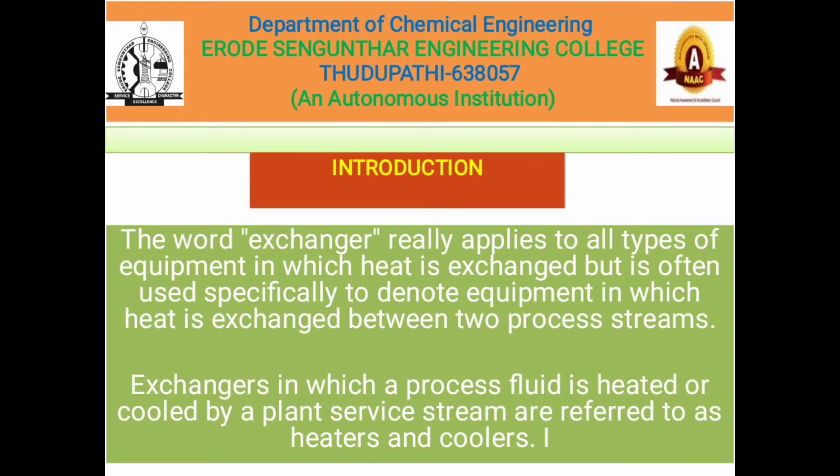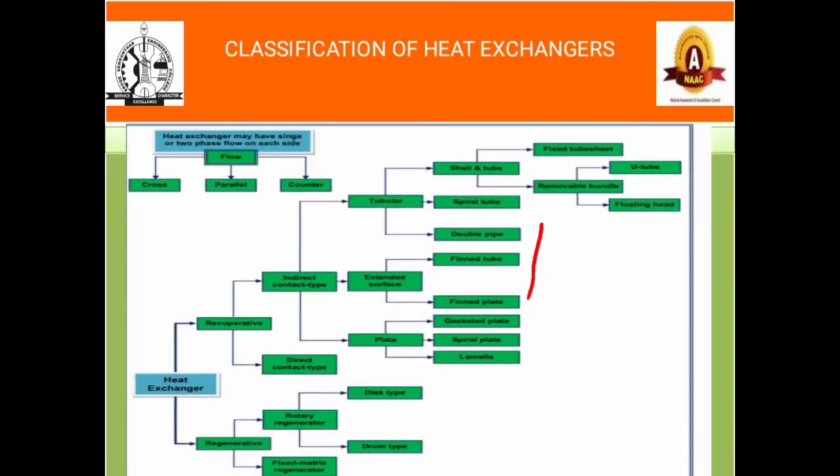Then classification of heat exchangers. Heat exchangers are generally classified according to the process flow. According to the flow nature, they are classified into cross flow, parallel flow, and counter flow. In a cross flow heat exchanger, the hot fluid and the cold fluid, the two streams, enter the heat exchanger perpendicular to one another.